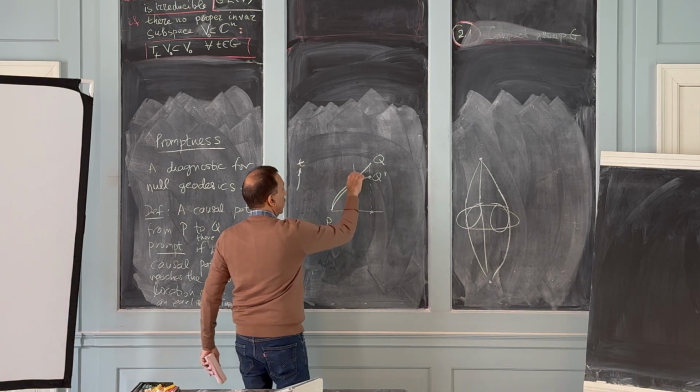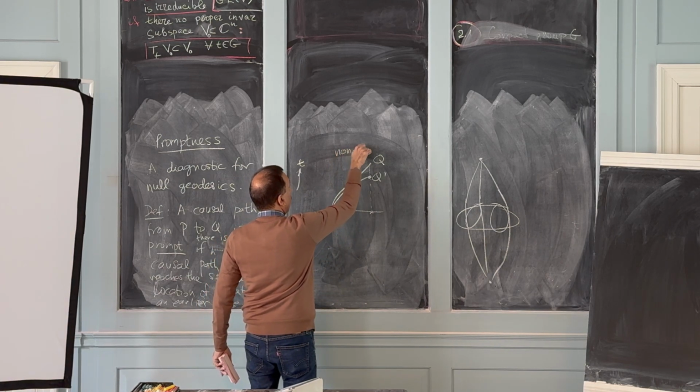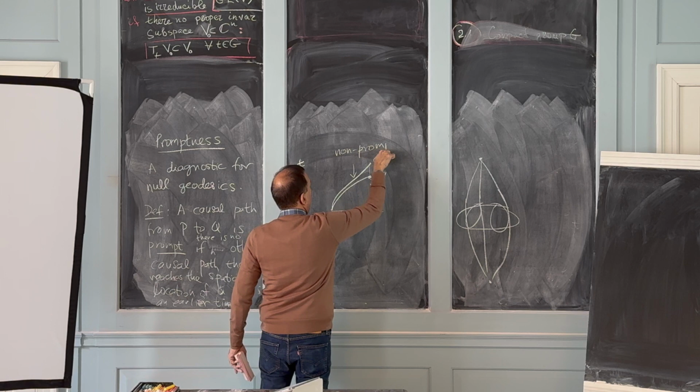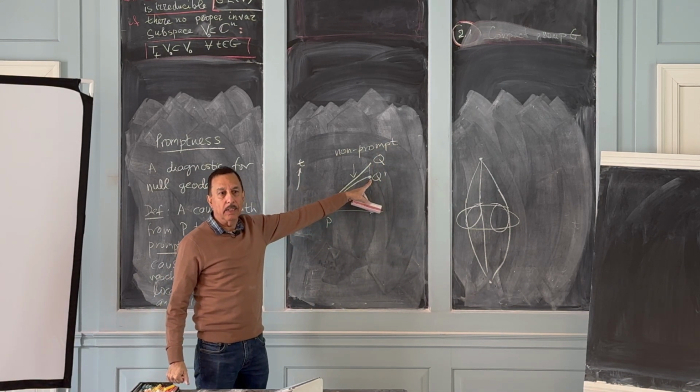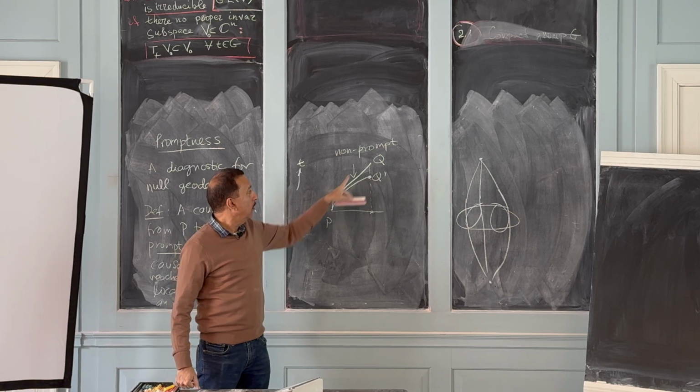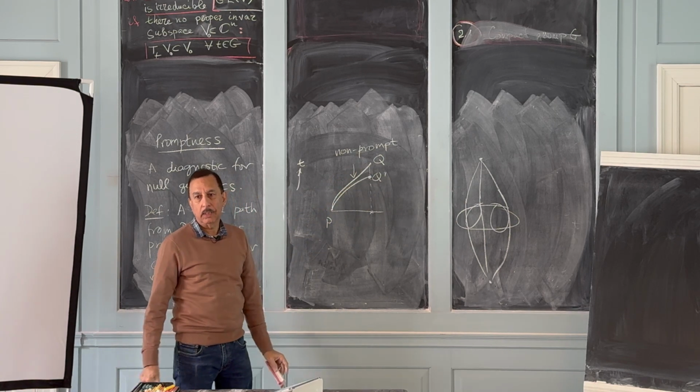So this is a case where this is non-prompt. But if no path from P to Q prime of the kind I've drawn exists, then this path is prompt.